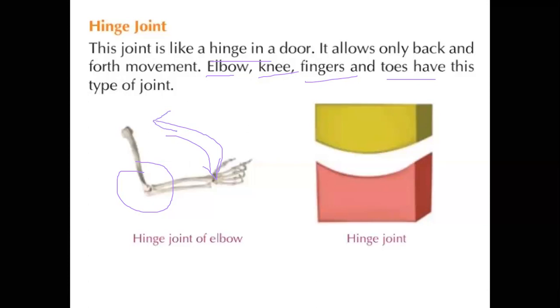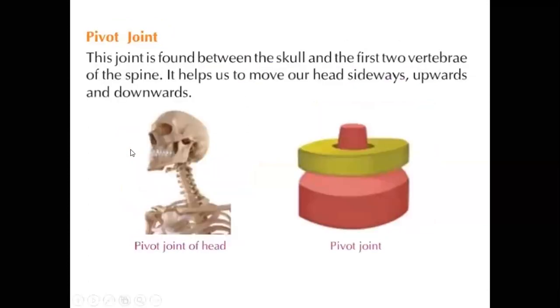Next, the pivot joint. The pivot joint is found between the skull and the first two vertebrae of the spine, in our spinal column, right? It helps us move our head sideways.